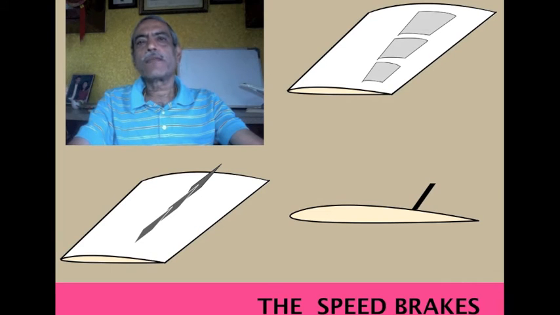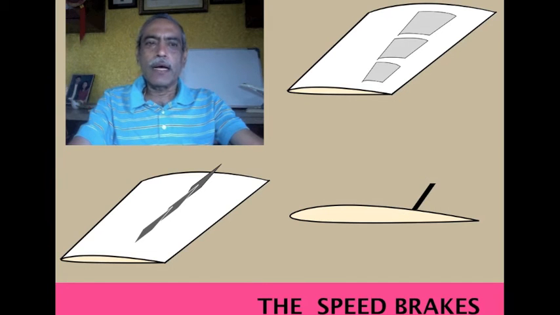The next control which I am going to talk about is the speed brakes. Speed brakes are flat panels which protrude out as shown. They come out during the flight and especially during landing.